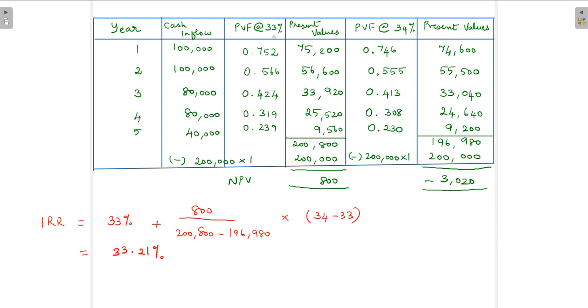You write down the values from the present value factor table for 33% and 34% for 1 to 5 years, multiply them with cash inflows and find the present values. The total present value of cash inflow minus total present value of cash outflow gives you the net present value. You substitute it in the IRR formula and find the IRR. So in this case it is 33.21%.